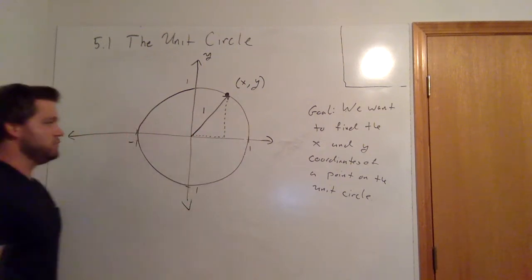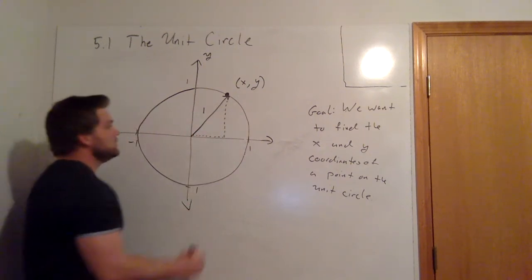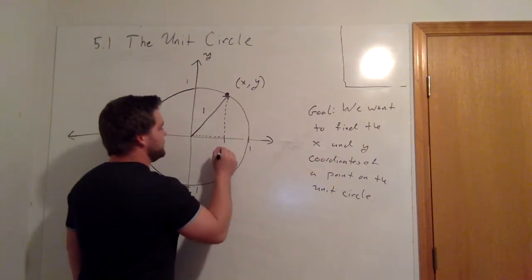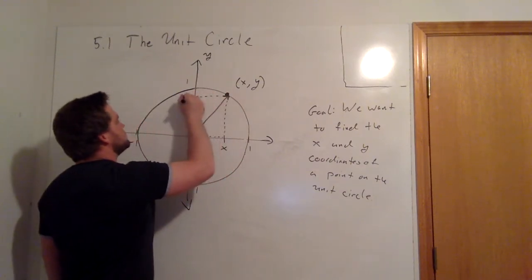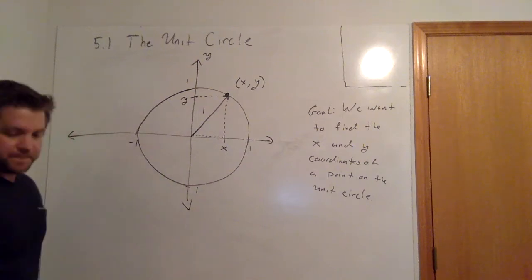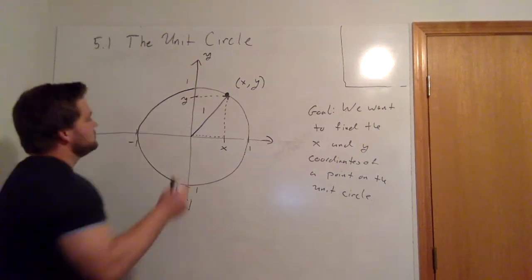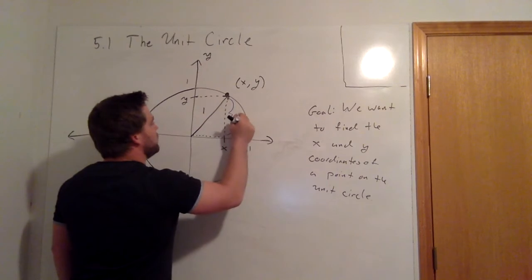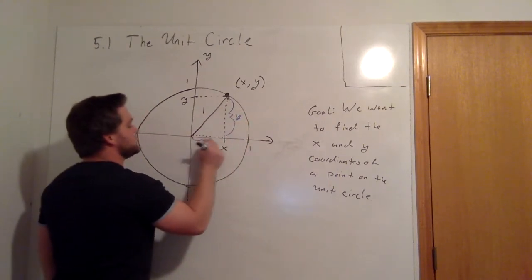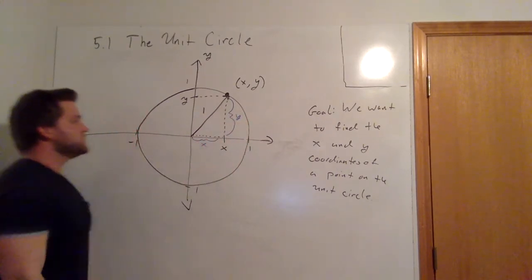So this will be the x coordinate, and over here, this is the y coordinate. This height will be y, and this length here will be x.